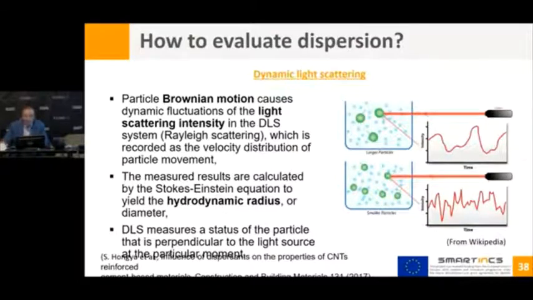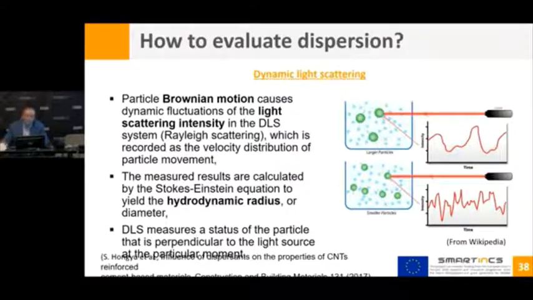Then another possibility for evaluating the dispersion in the solution is the use of another instrument, dynamic light scattering, because carbon nanotubes are very small objects, so they are moved by Brownian motion.